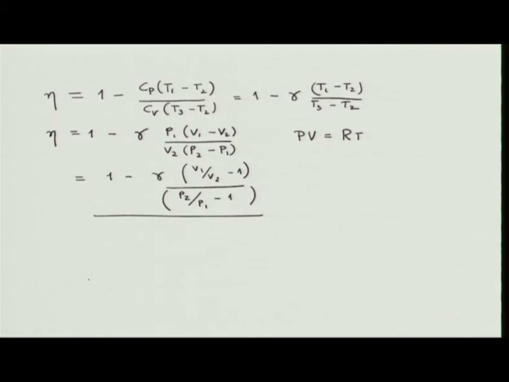For example, if I give you a TS diagram, okay, now it is a TS diagram, not PV diagram. This you can say problem 2. Okay. Here you have a TS diagram and I give you 3 processes. All these are straight lines.